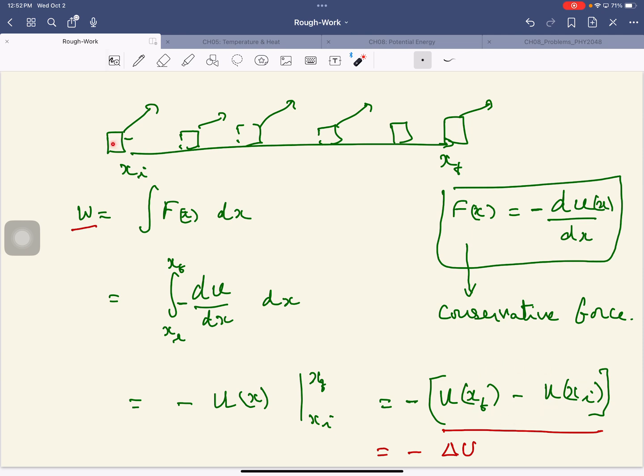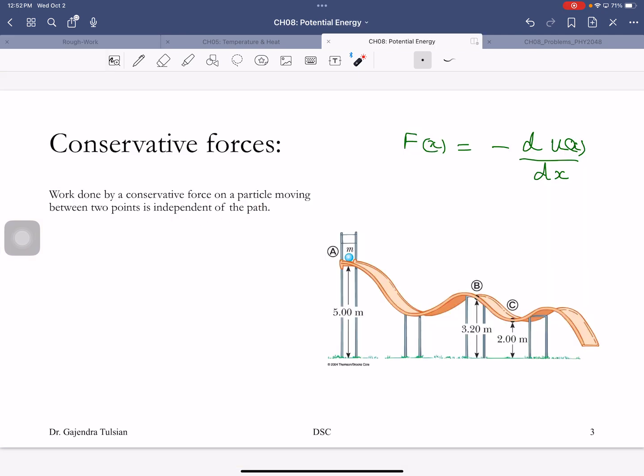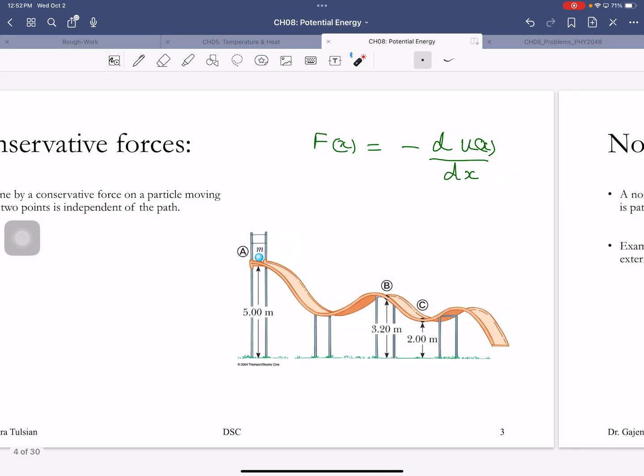When this object went from here to there and then back, how much work was done? Same amount. From here to there to here to there to here to there. Same amount. So that's what we were saying there. It's independent of the path.